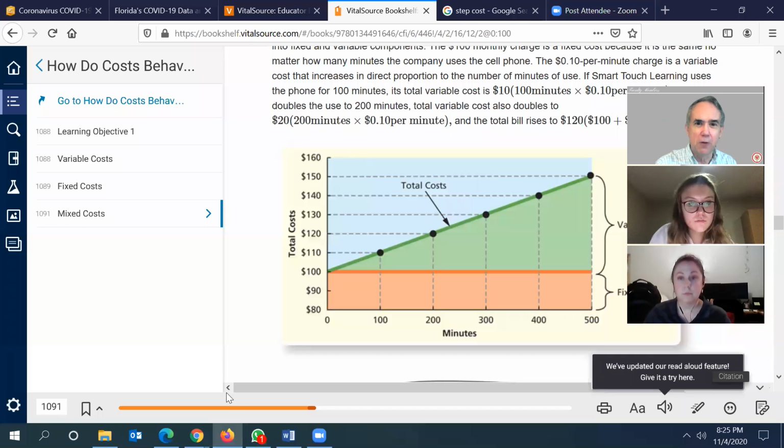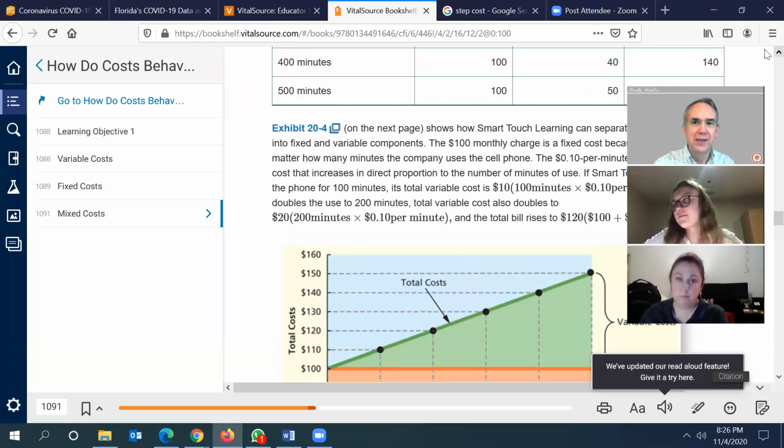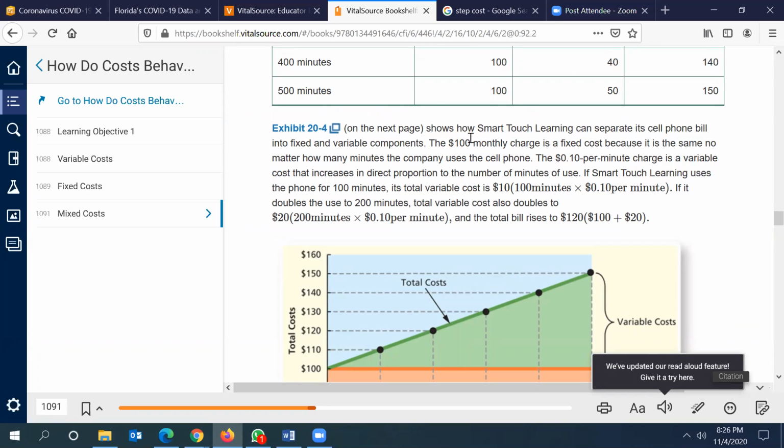And it's about a company's cell phone bill. Actually, I cheated and I used their graph earlier to illustrate total cost. So what we have here is this sample company again, Smart Touch Learning, here in Exhibit 20-4. It shows how Smart Touch Learning can separate its cell phone bill into fixed and variable components.